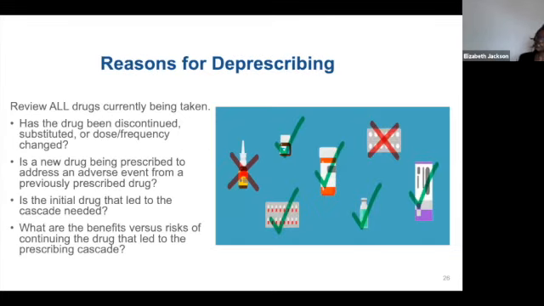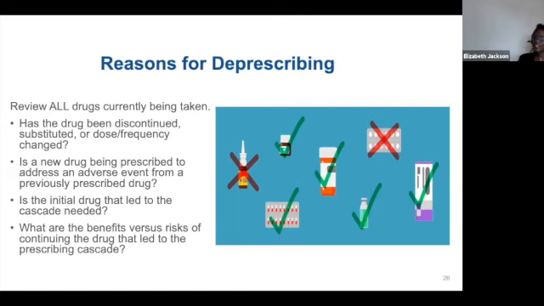These are some of the reasons for deprescribing. The first thing is you want to review all drugs that are being taken. So you want to look at the OTC, you want to be looking at medications borrowed from family and friends. You want to look at any other treatments that are not in the books.